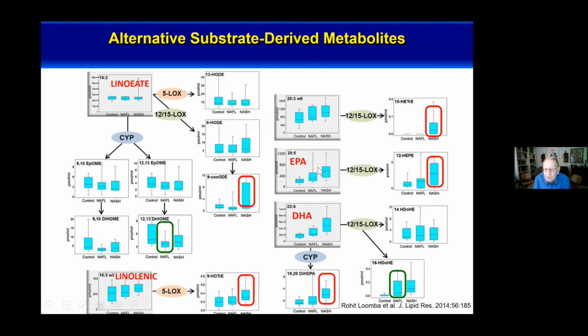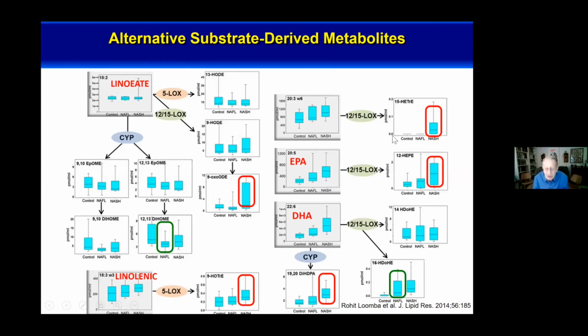And I just want to draw your attention to an example of EPA metabolite 12-HEPE, in which again, there's more of this metabolite in plasma of patients with NASH than in just fatty liver. Or if one looks at the very bottom, a metabolite of DHA called 19,20-diHDPA, there's more in NASH than NAFLD.